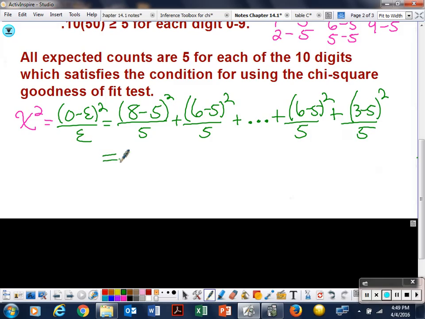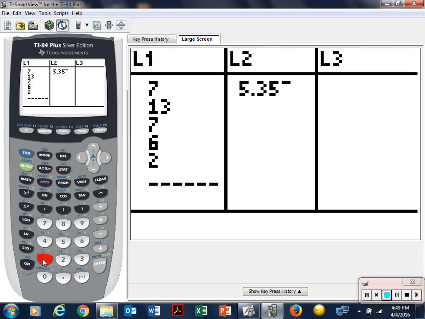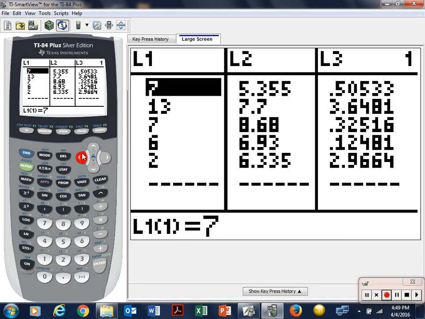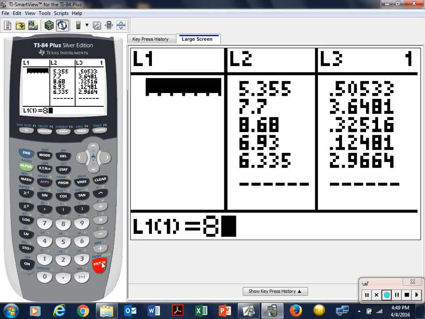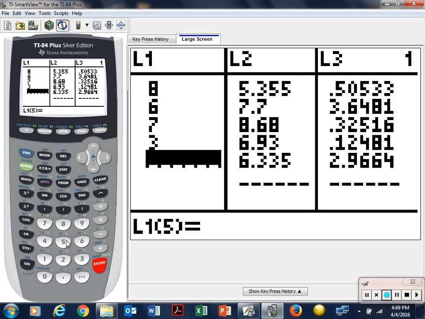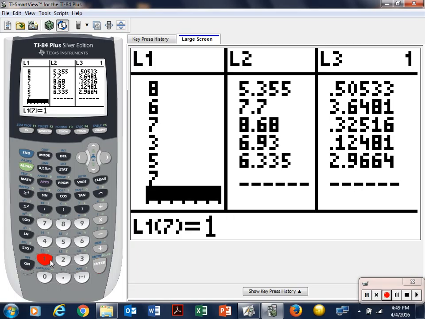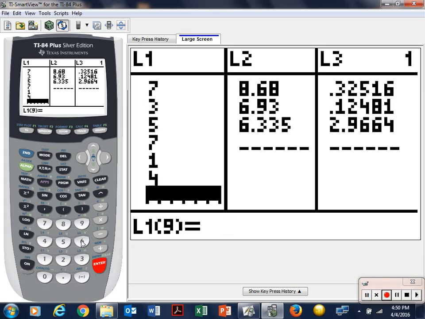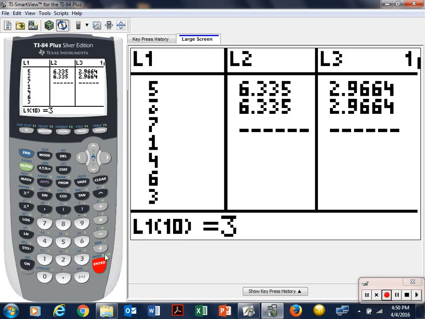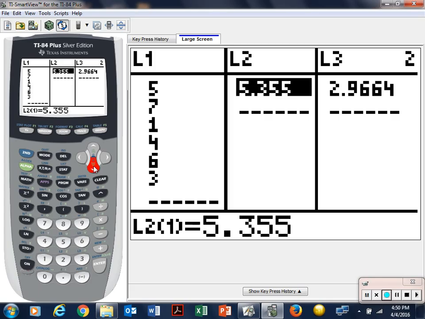Now, let's take our calculator and type this in really quick. Again, stat, edit. In list 1, we're going to put the observed counts: 8, 6, 7, 3, 5, 7, 1, 4, 6, 3. And the expected counts, well, that's easy.